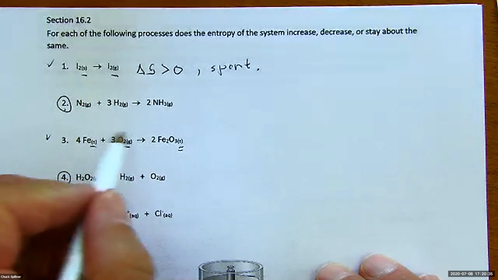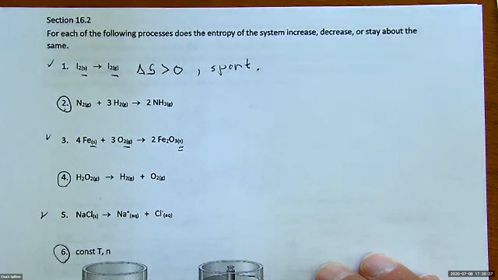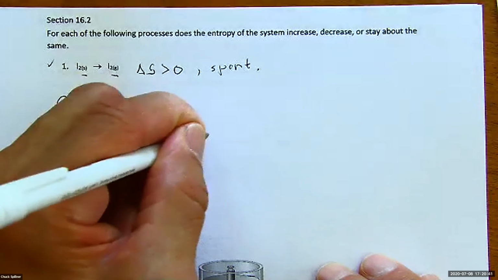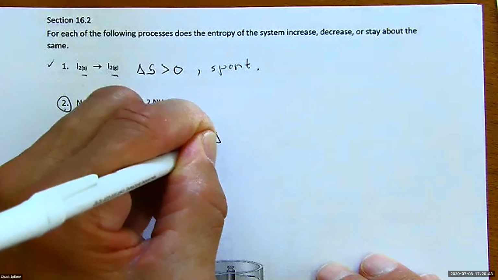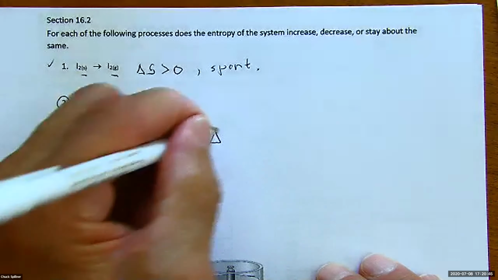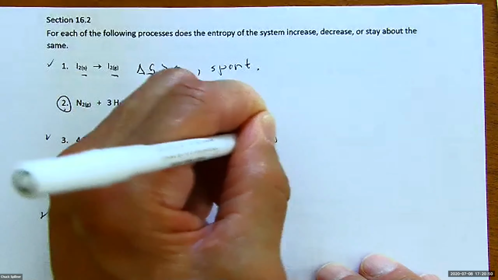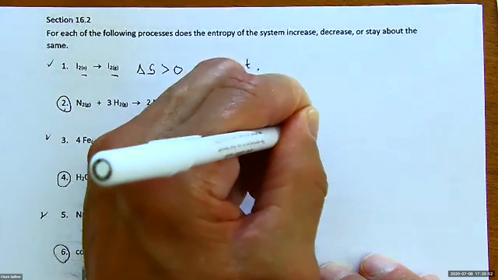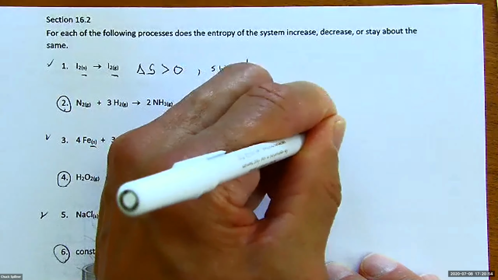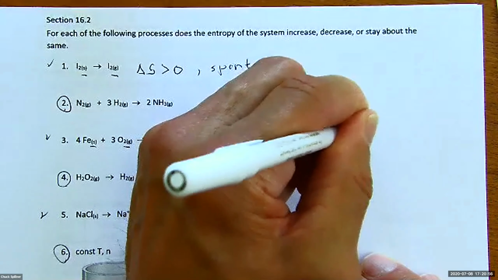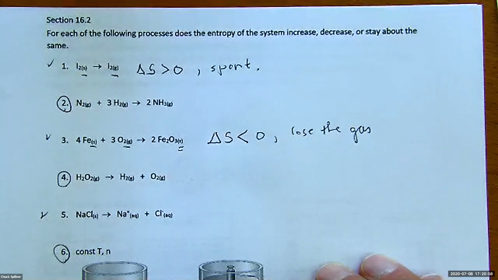Gases have tremendous entropy. So since we don't have any gas on the product side, delta S is going to be less than 0 because we lose the gas. There's no gas anymore. The delta S will be less than 0.